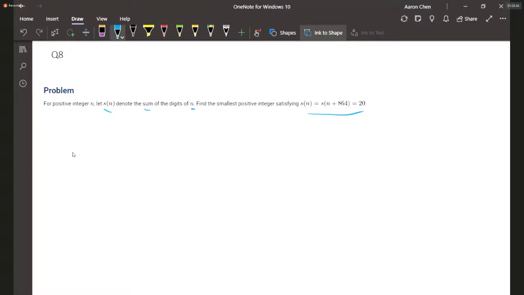So first of all, if n is a 1 or 2 digit number, the sum of the digits can never be 20. And that's because the maximum possible sum of digits for a 1 or 2 digit number is at 99, and it's 18, which is still less than 20.